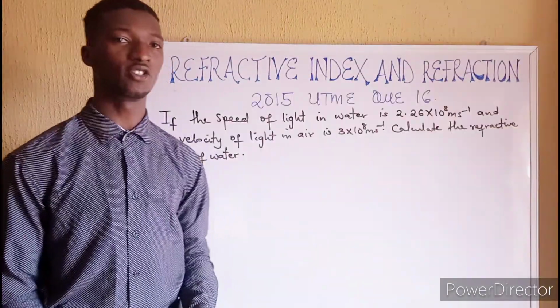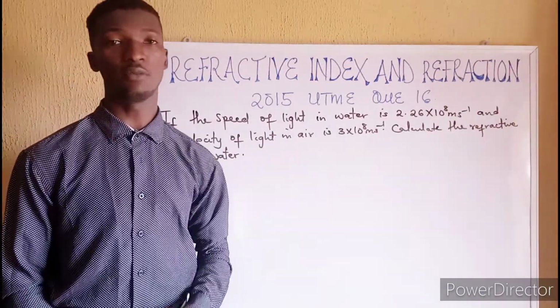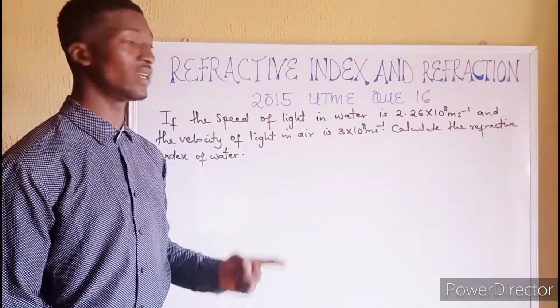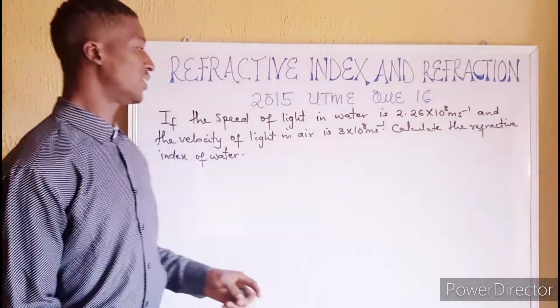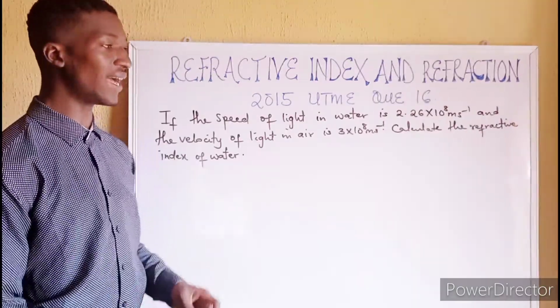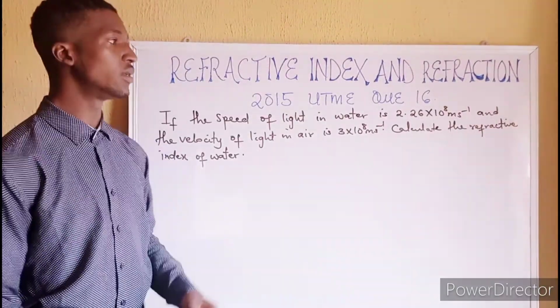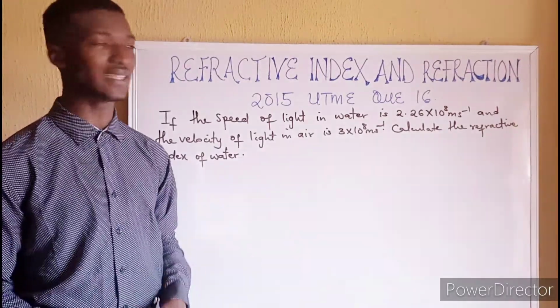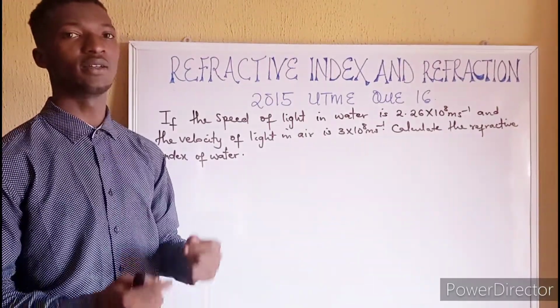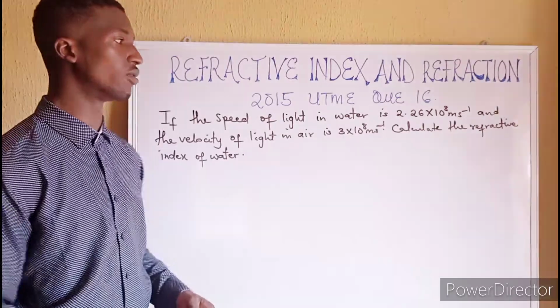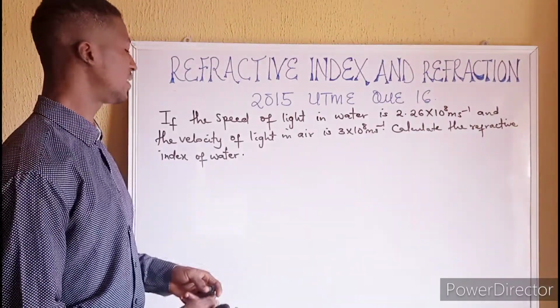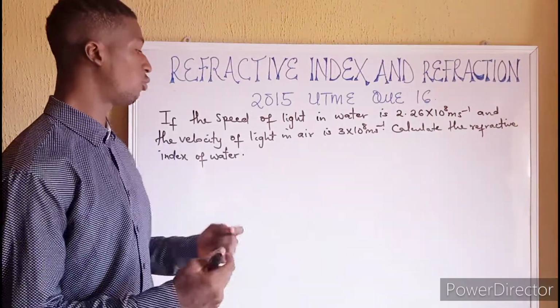Here we have another question taken from UTME 2015 question 16. The question states that if the speed of light in water is 2.26 times 10 to the power 8 meters per second and the velocity of light in air is 3 times 10 to the power 8 meters per second, we are to determine the refractive index of water.